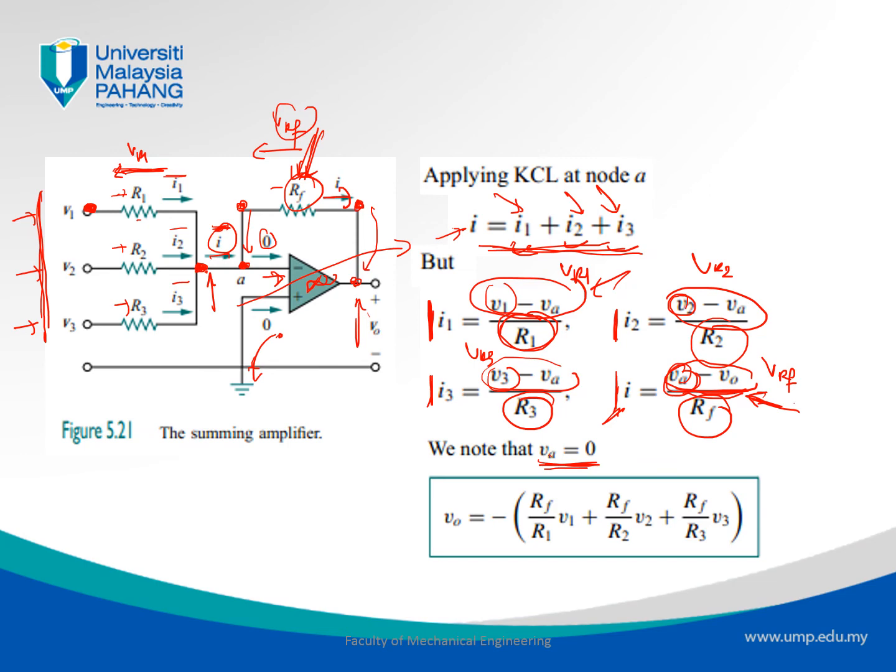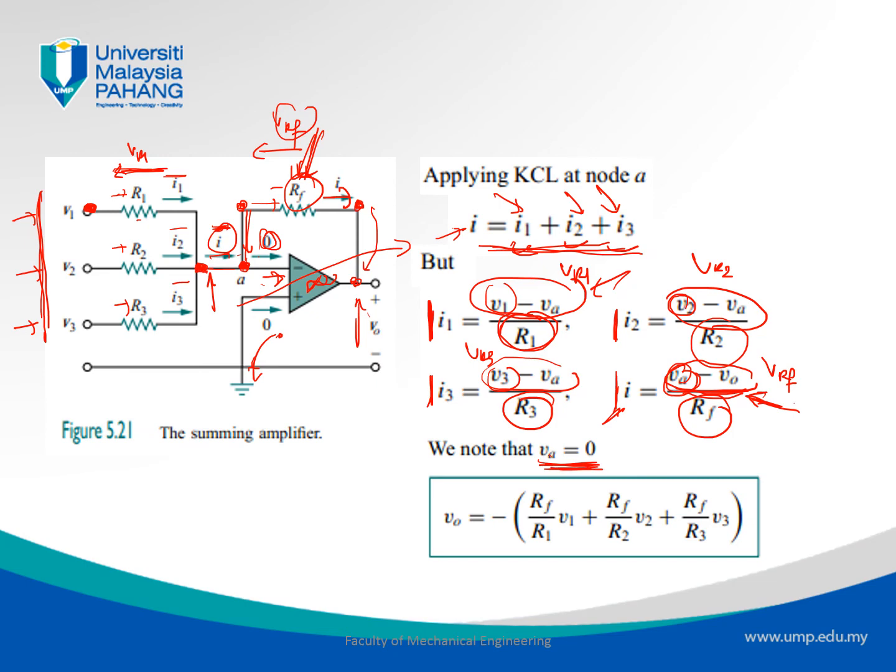Because there is no current that goes into the operational amplifier, so all the current that comes from I goes to the feedback resistance. There is no component in the middle, so the voltage at A is just 0. There's no voltage at all at point A. So VA equals 0.